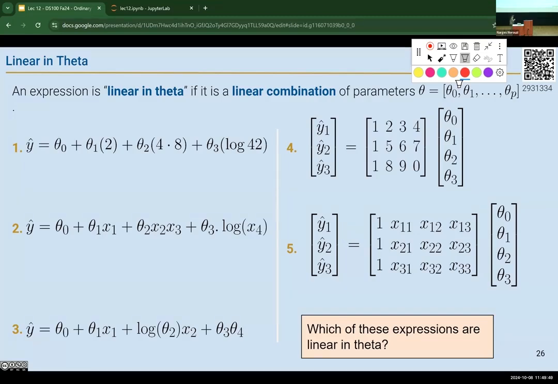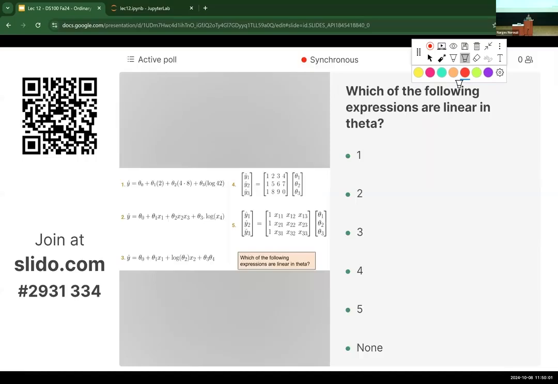In that case, we would call the model a linear model in theta. So the question for you is: which one of these 5 options are linear in theta based on the description that I gave you? I will stay here and we'll let you respond.